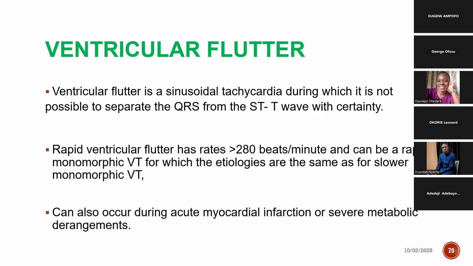We'll now look at ventricular flutter. So ventricular flutter is a sinusoidal tachycardia during which it is not possible to separate the QRS from the ST or T wave with certainty. And rapid ventricular flutter usually will have rates more than 280 beats per minute and can be a rapid monomorphic VT for which the etiologies are the same as for the slow monomorphic VTs as mentioned above.